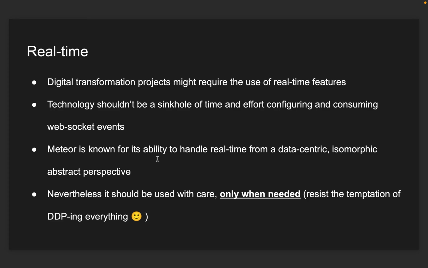But do not abuse it, because developers, especially beginners with Meteor, tend to use DDP for everything, because in the tutorials or the training material, usually we only show how to do a feature with PubSub. But it's not necessarily the case.